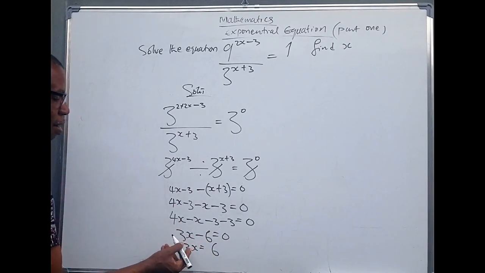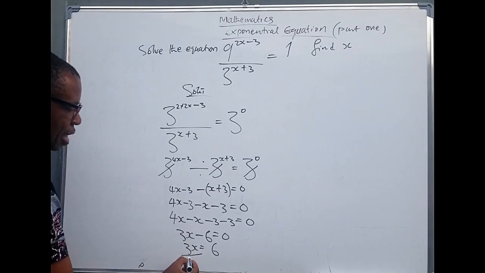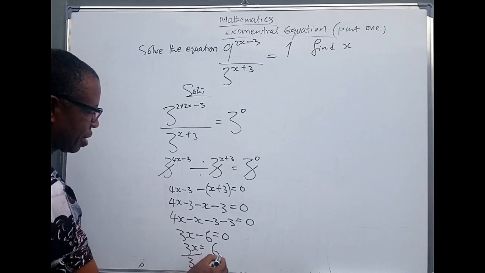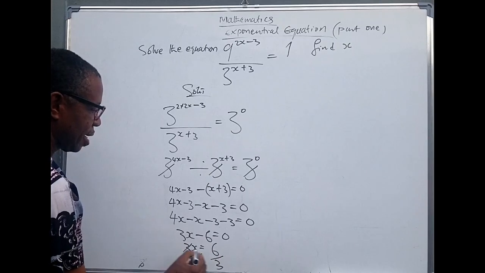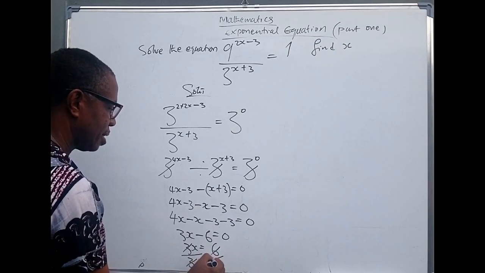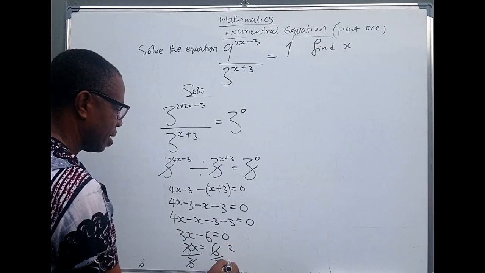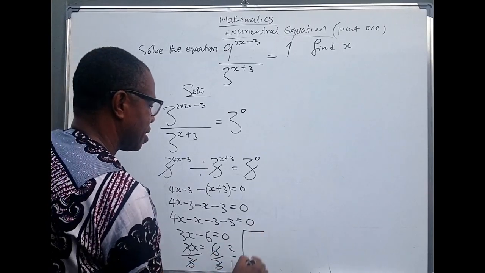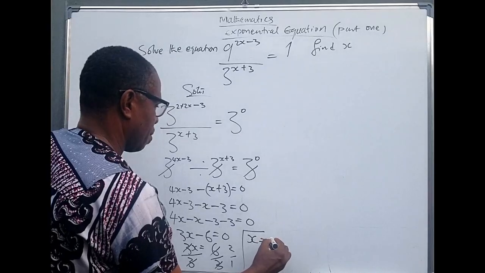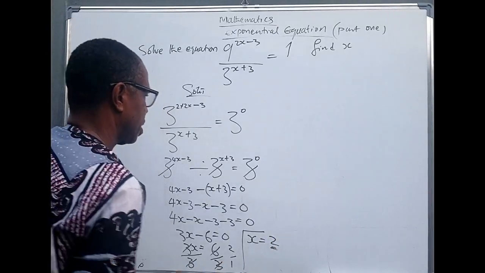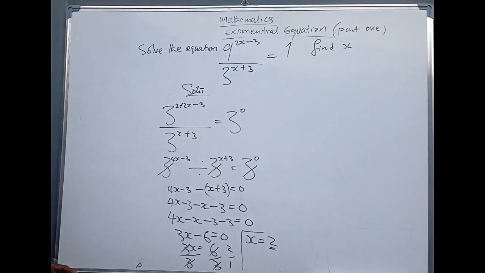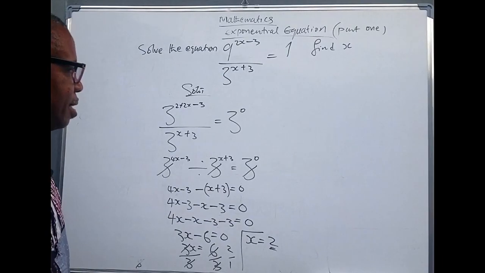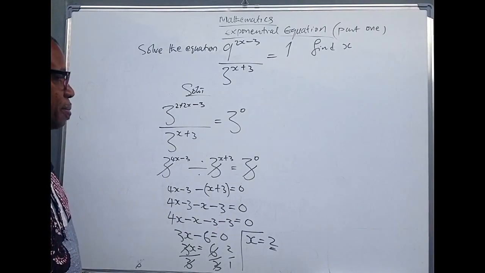To bring out the value of x, you divide both sides by the coefficient of x, which is 3. Invariably, 3 will divide here 2, 3 here 1. So we now know that x is equal to 2. That's the answer of this question, which is also an SSCE question.